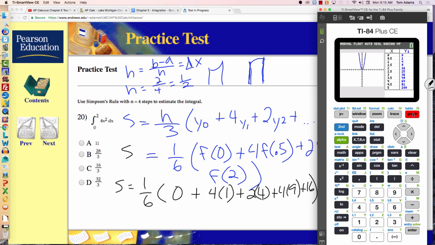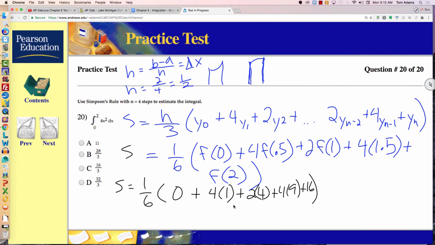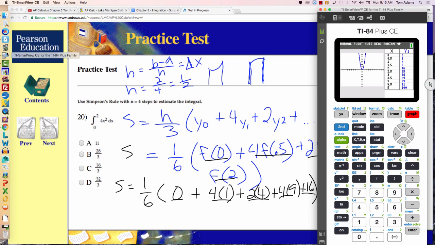I think that's right. So we've got f of 0, f of 0.5, f of 1, f of this, and this, and this. Okay, good. Got all my terms. So now I just got to plug that in my calculator and get a number. So multiplying by 1/6 is the same as dividing by 6.